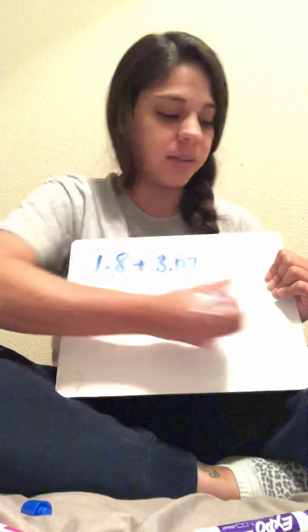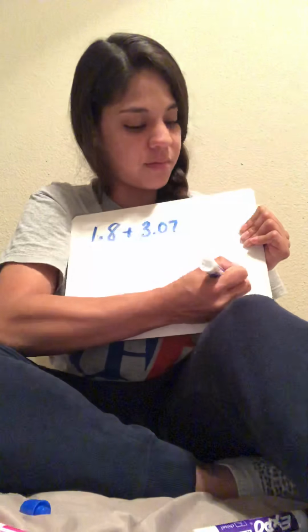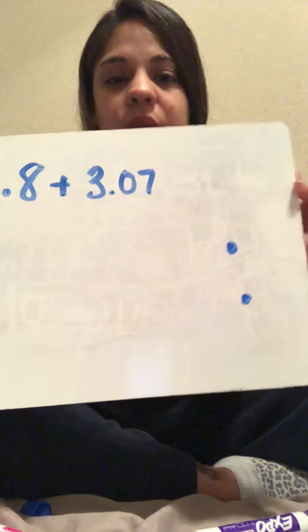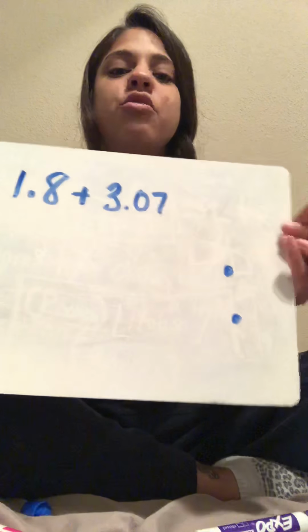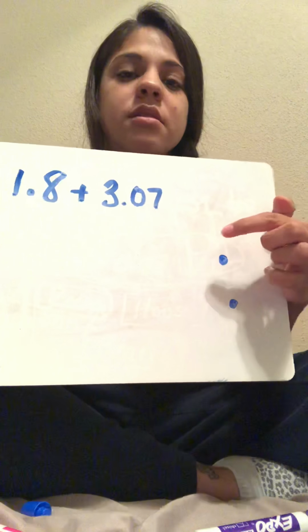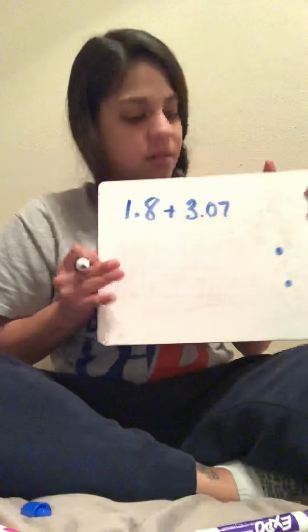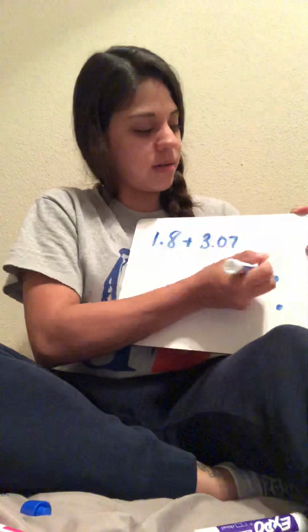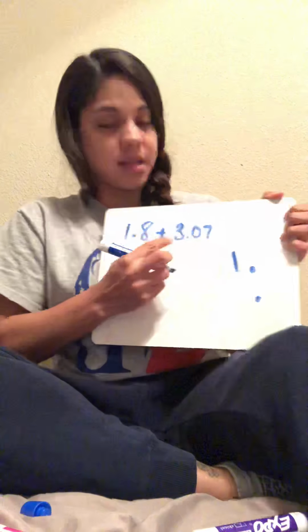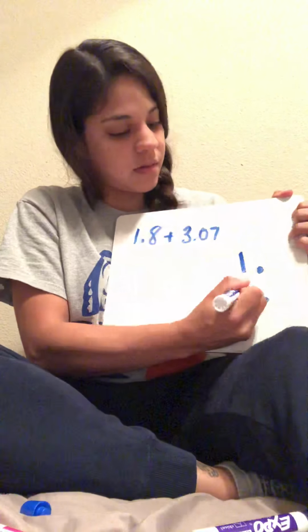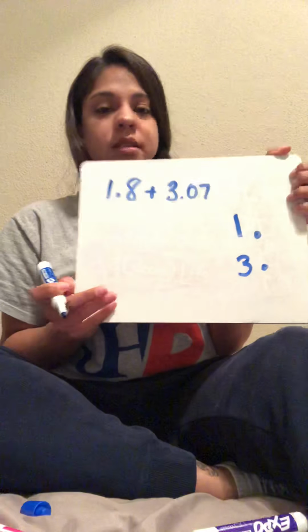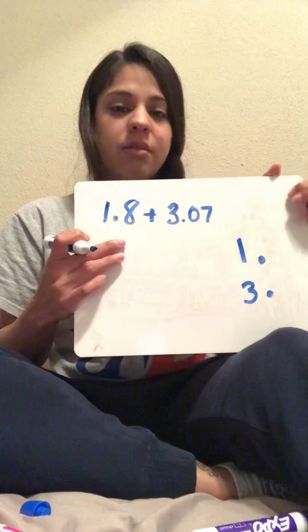So, on the side, I'm going to do my math. I've done my 2 decimals. That's what I mean by line them up. And then you write in your whole first, and then you can write in the rest of it. So my first whole is 1, and my second whole is 3. Now I can write in the second part of my decimal.